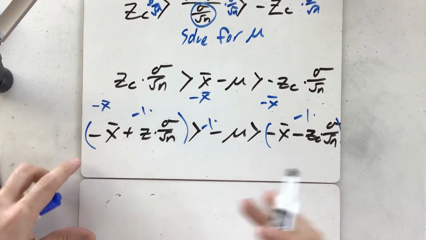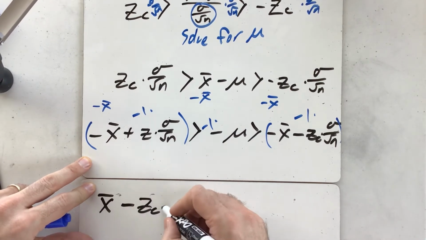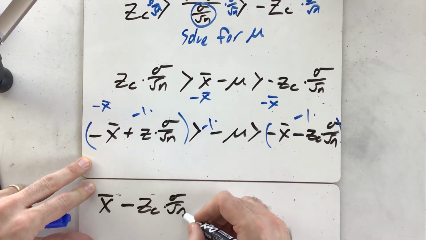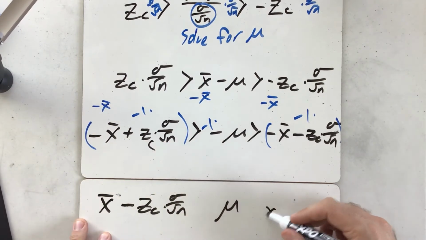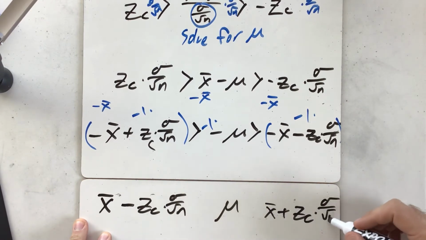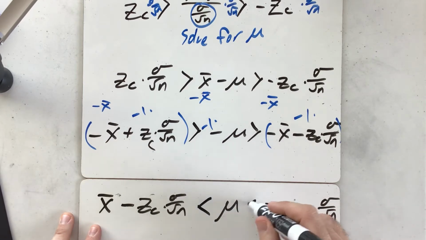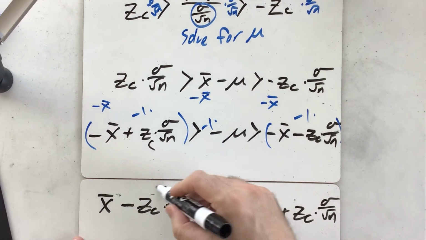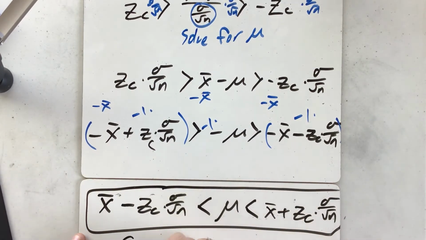So this first part changes sign to be x bar minus ZC times sigma over square root of n. This part becomes a mu, and this part becomes x bar plus ZC times sigma over square root of n. And when you multiply by negative signs, you might remember your inequality changes directions. Now this ends up being the formula that we're going to use for confidence intervals.